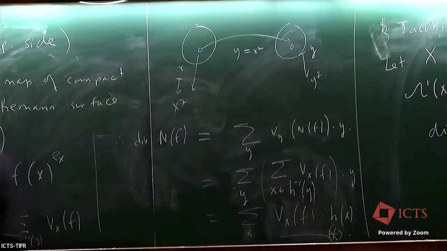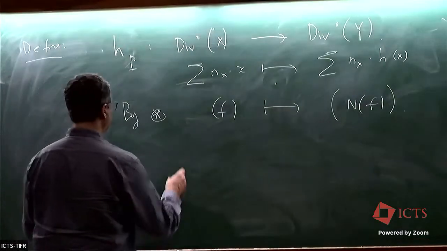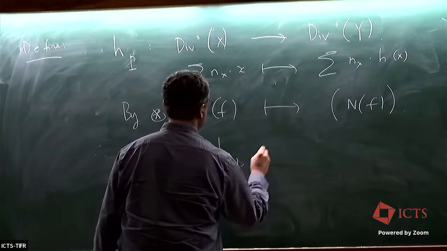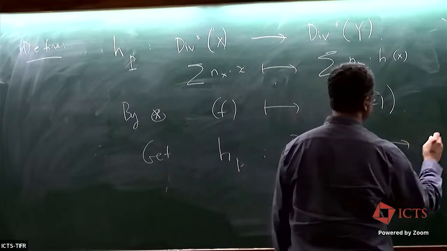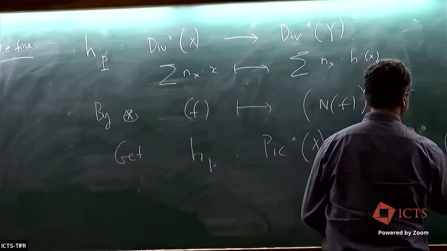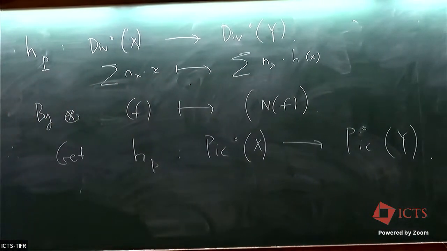So the divisor of f maps to the divisor of the norm of f. So this induces the map on X0. Right, this is a degree 0 linear equivalence. Okay, so that wasn't too bad.